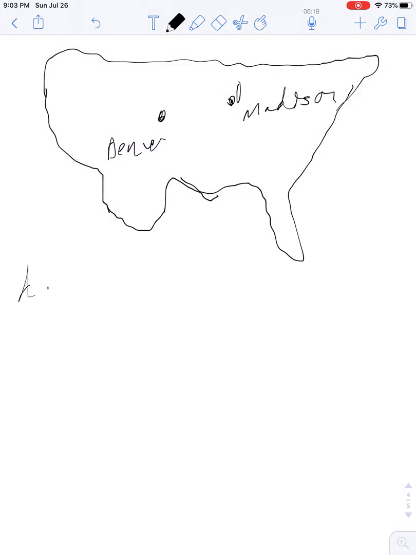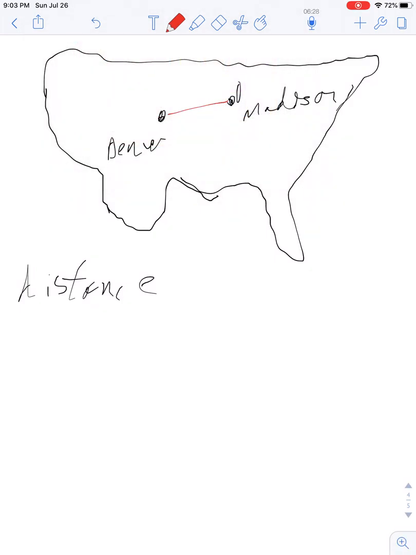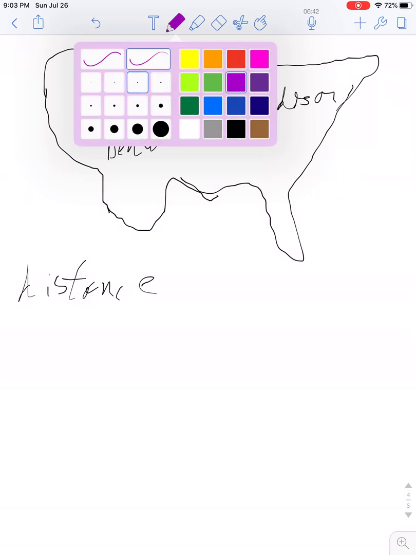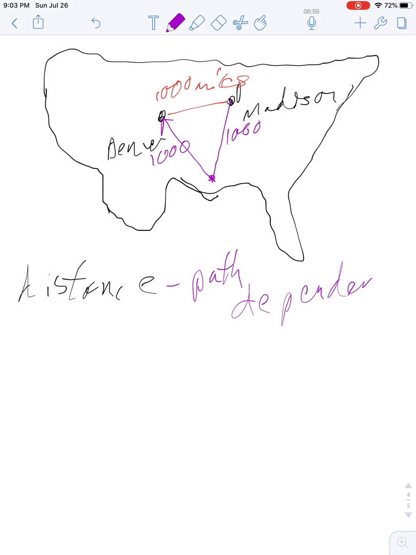What is the distance from Madison to Denver? Now, someone might say, oh, okay, that's easy. The distance between Madison to Denver is 1,000 miles. But someone says, no, that's not the distance. The distance is 2,000 miles. You're like, how is the distance 2,000 miles? Well, you didn't specify the path. It is possible that you would drive down to New Orleans first and then drive up, and this would be a distance of 2,000 miles. So distance is path dependent. Okay?